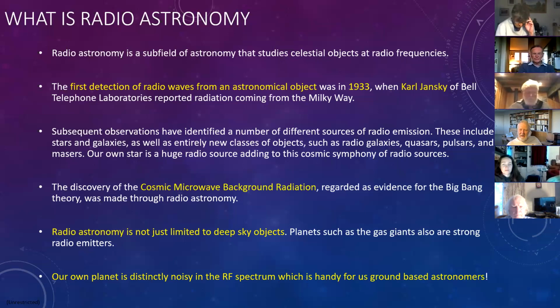And this really jumped a huge leap in the 1950s with the discovery of the cosmic microwave background radiation. Now, CMBR, that theory is around the Big Bang theory, and really looking back into time. That was really made through radio astronomy and looking at the signals that they could detect around our sky.